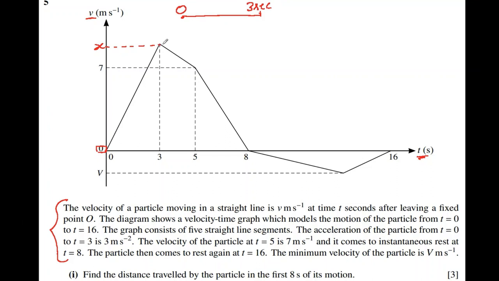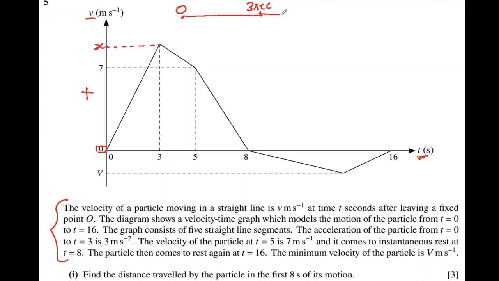But now after 3 seconds it starts slowing down. Many of you, if you don't have practice of VT diagrams, think that it changed its direction and now it starts coming back. No, it is in the positive direction. This is positive velocity, so it is still going away, but with slower and slower velocity.